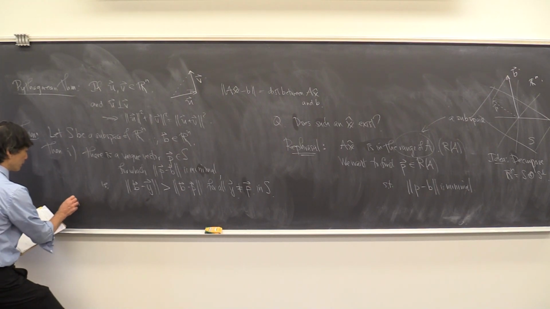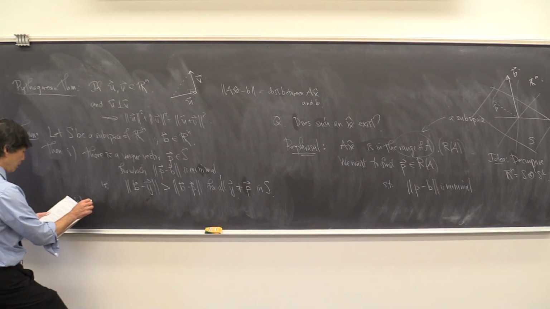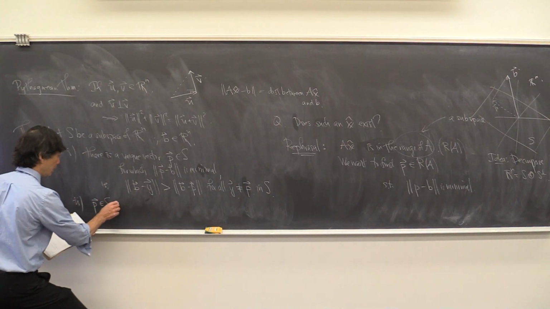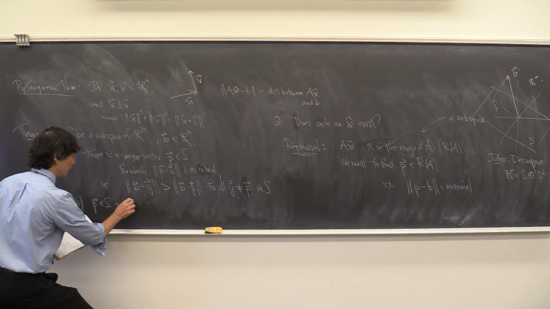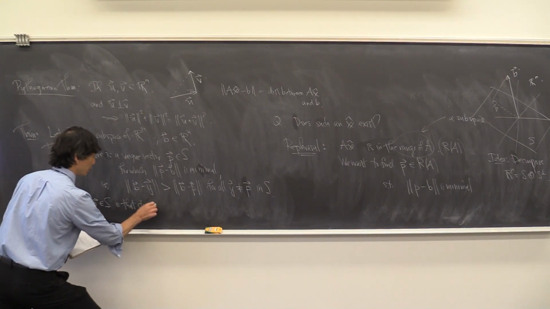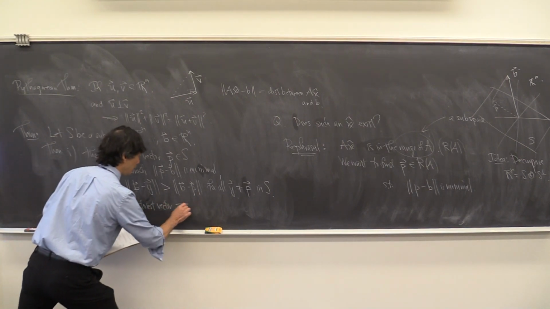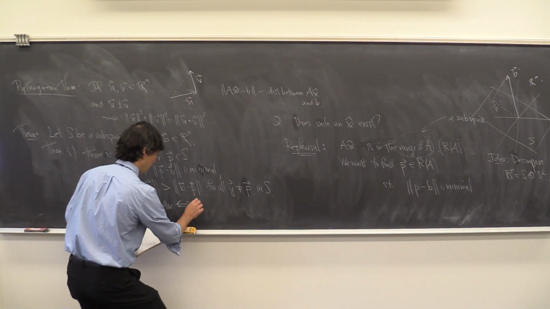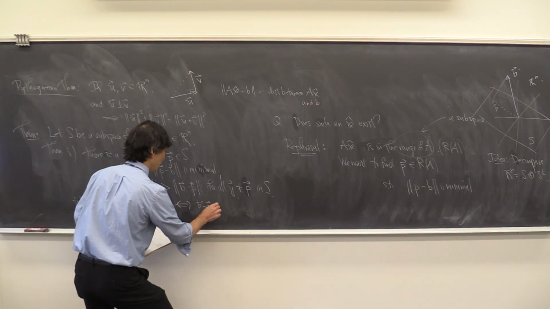Further, p is that closest vector if and only if b minus p is in S perp.